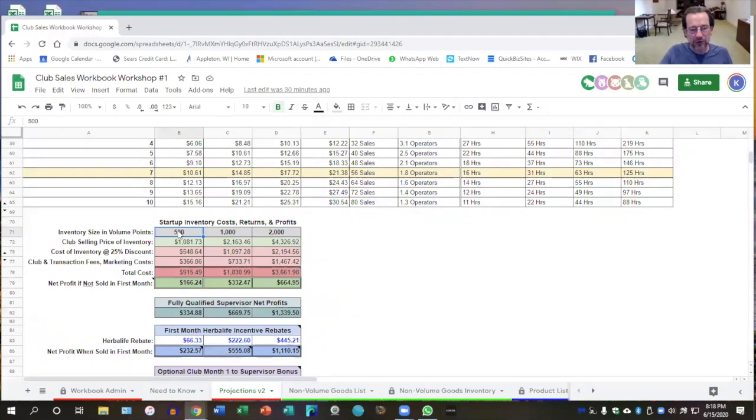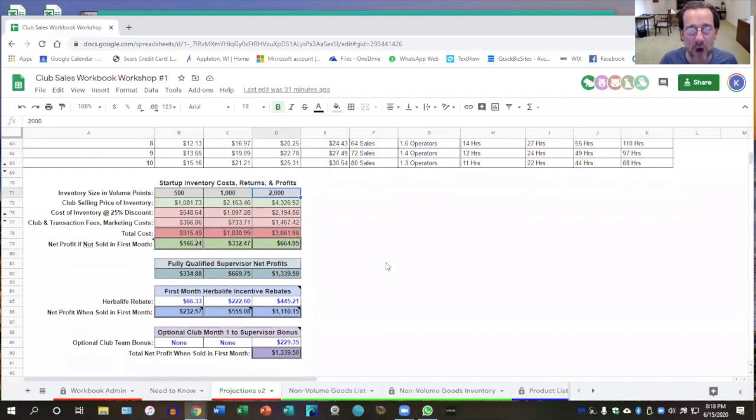Because if you sell this one within your first calendar month, they get rebated back to up to 35% discount, right? And this is the qualification to increase your discount to 35%. This is the qualification to increase your discount to 42%. And this is the qualification to reach that supervisor position at 50%. Okay, got it, Susie? So I'm going to explain each of these 3 inventories, and I'll tell you what.